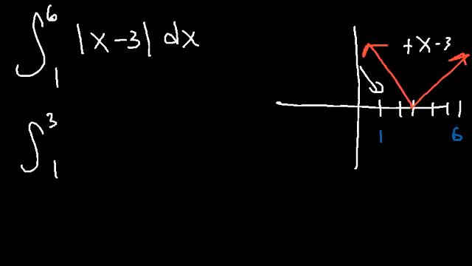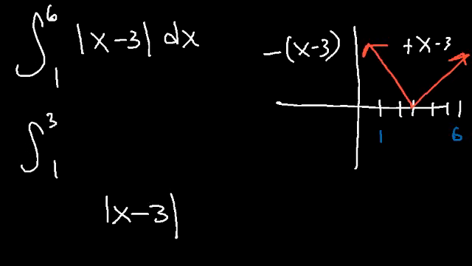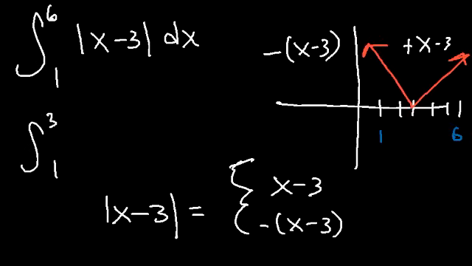It turns out that the left side has the equation negative x minus 3. So whenever you have an absolute value function or expression, you can break it up into two smaller equations. So in terms of a piecewise function, it's going to be x minus 3 and negative x minus 3. It's negative x minus 3 when x is less than 3, and it's positive x minus 3 when x is greater than 3.